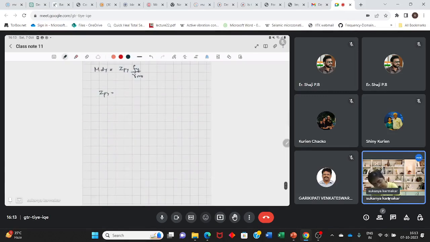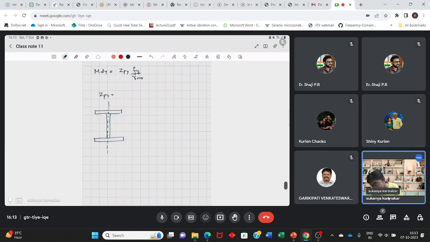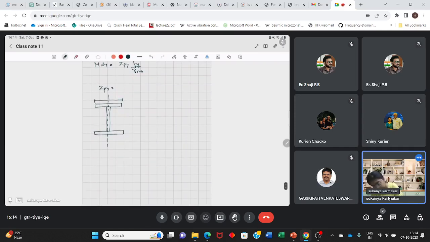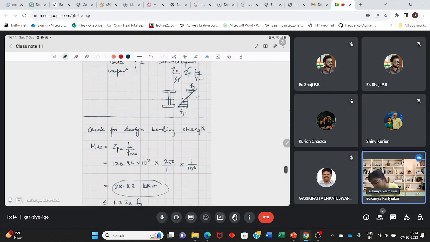Now, the I section looks something like this. We know the equal area axis will pass through it. Since it is a symmetrical section, the centroidal axis will be the same as the equal area axis.